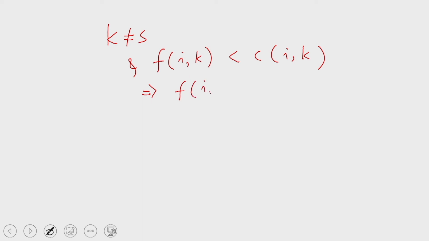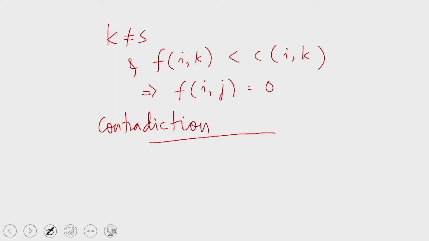Now, k is not equal to s, because k is on the side of t in the augmenting path, and f of ik is less than C of ik. Thus, we explicitly assumed that the edge ik is unsaturated, but then this means that f of ij has to be 0, which is a contradiction again, because the other assumption that we made is that f of ij is greater than 0. So, either way we get a contradiction.